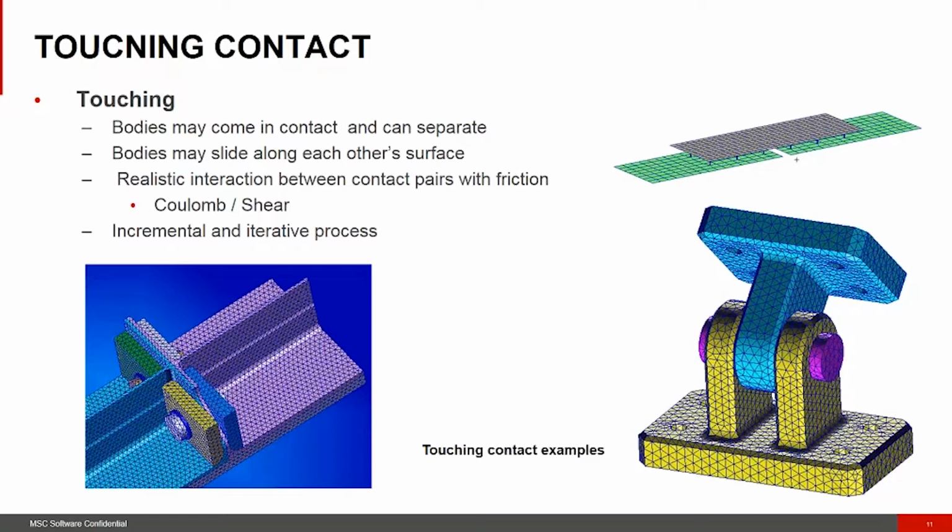And if the separation force criteria is exceeded, then the parts may separate. And if the pulling force is less than the separation force, then the bodies will remain in contact. And you can see here we have some examples shown, and it's very useful for defining bolts as well.